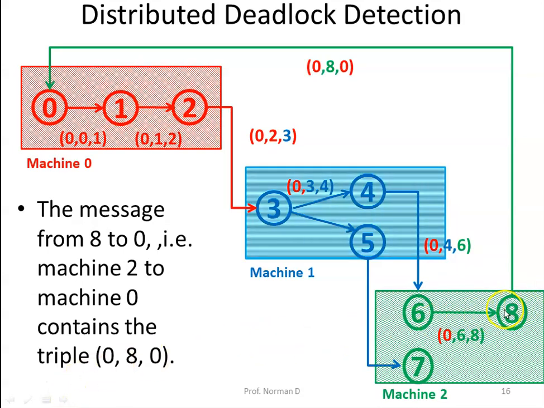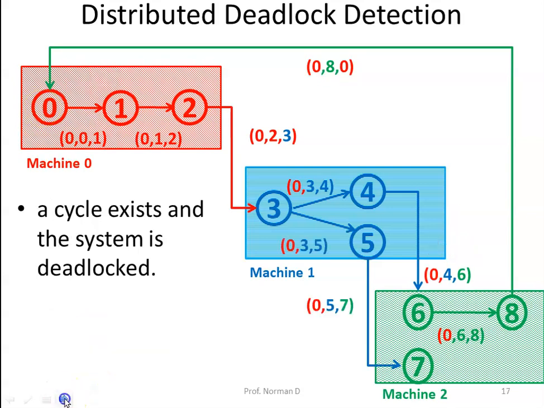So we can see over here the first parameter remains the same, the process that blocked. The process that is sending the message is 8, and the third parameter over here is the process to whom it is being sent. So it is being sent to the original process on machine 0 which initiated this probe message.